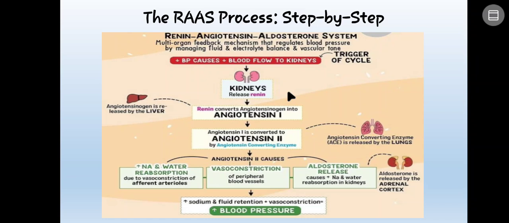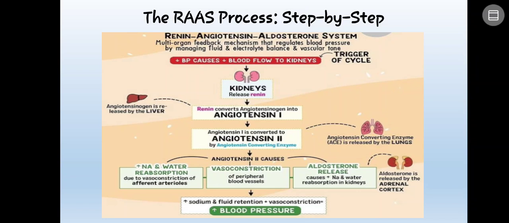Now, the kidneys are going to use 3 mechanisms to detect the reduction in blood pressure and then activate the process.